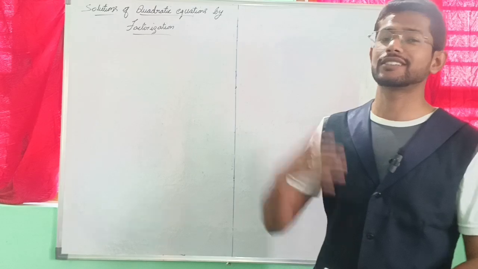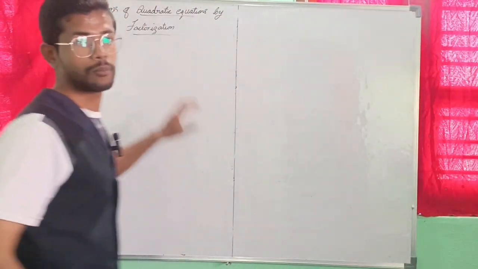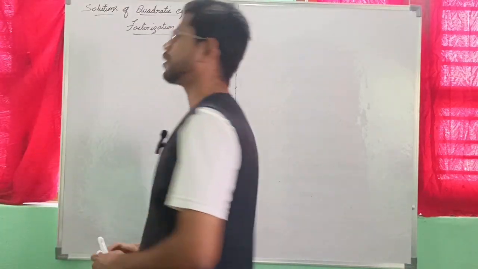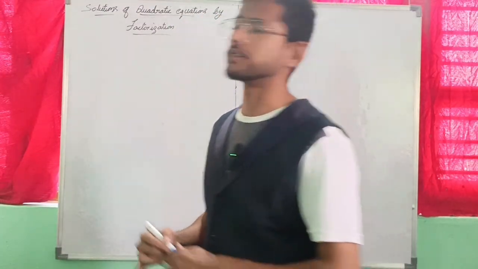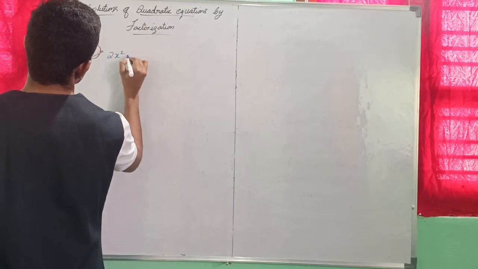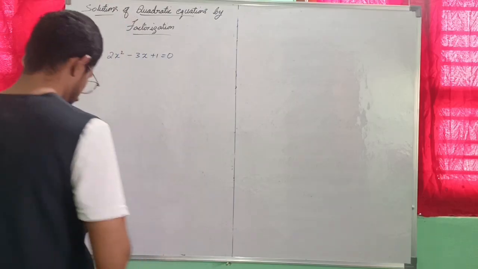Let's move to the next concept, that is the solutions of quadratic equations by factorization. Let us consider a quadratic equation, that is 2x squared minus 3x plus 1 is equal to 0.